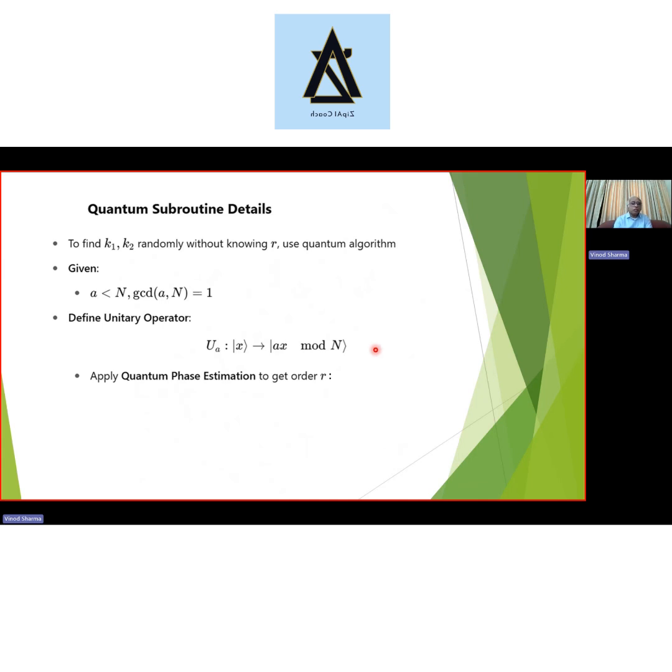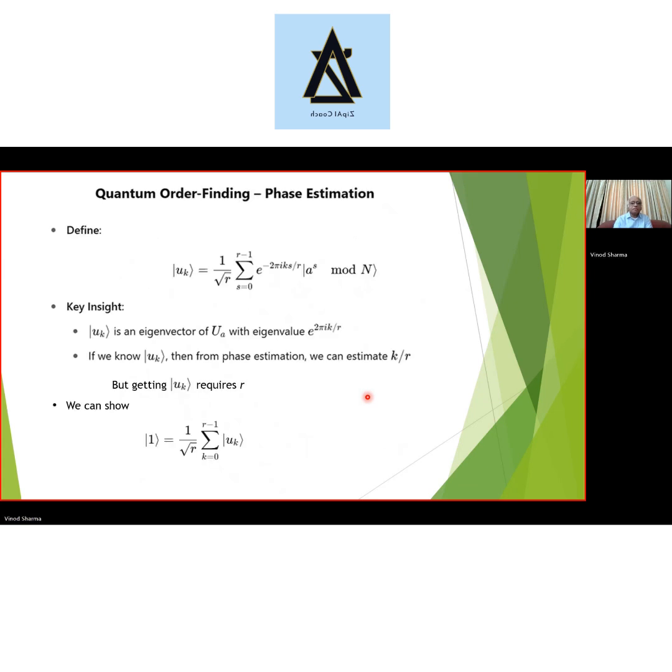So you start with this unitary operator and define vectors uk equal to 1 by square root of r, sum over s equal to 0 to r minus 1, e to the power minus 2 pi i ks by r, times vector a raised to power s mod n. You define uk.